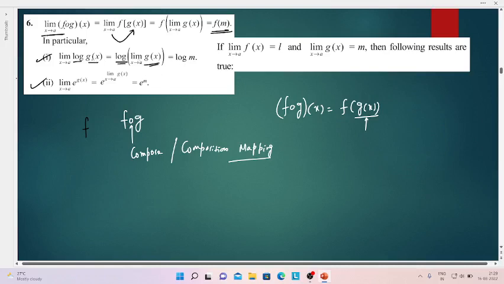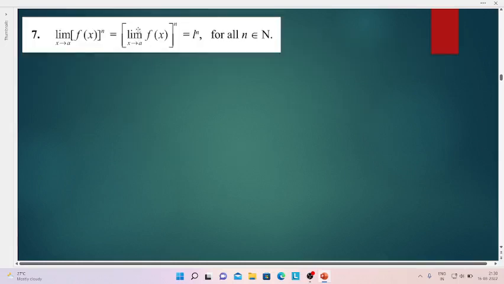If the limit of g(x) is equal to M, that will become log M. Similarly, if e to the power g(x) is there, then e will be outside of the limit, so that will become e to the power of the limit as x tends to a of g(x), which is e to the power M, because that limit is M. So you can understand that result also.